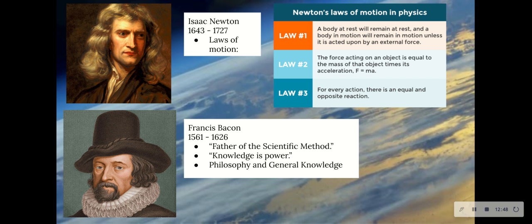Someone else will argue against that statement that you said. So for every action, everything that you say in a debate, there's an equal and opposite reaction. Someone will argue against what you're saying. So he used the scientific method to come up with these 3 laws of motion in physics.